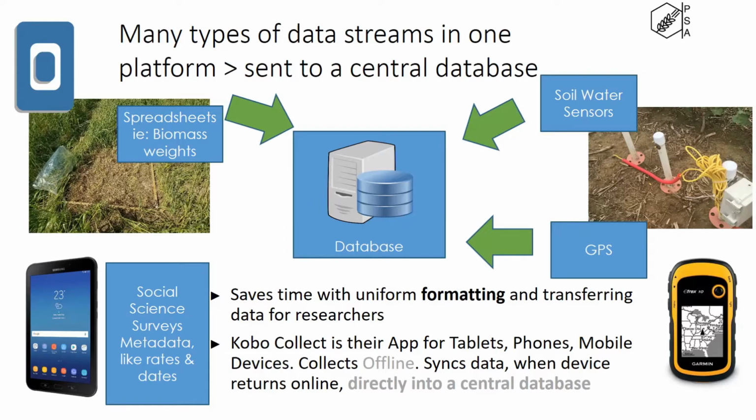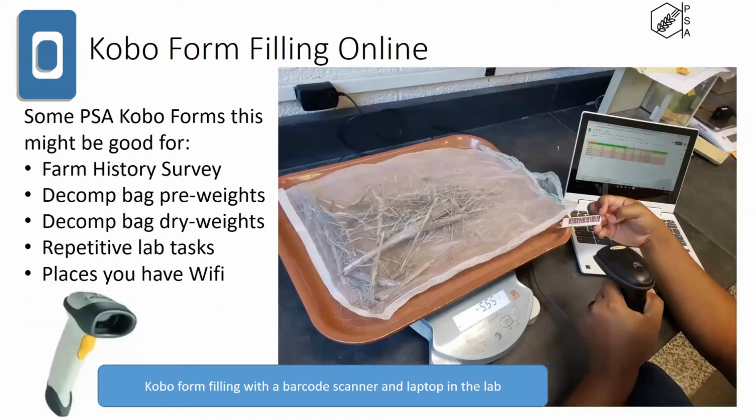And importantly, Kobo is a metadata collector for things like planting dates, seeding rates, and other points of data collection. All of this information goes directly into a database, limiting human error or manual data entry. In this way, we hope it speeds your time in the field and the lab.